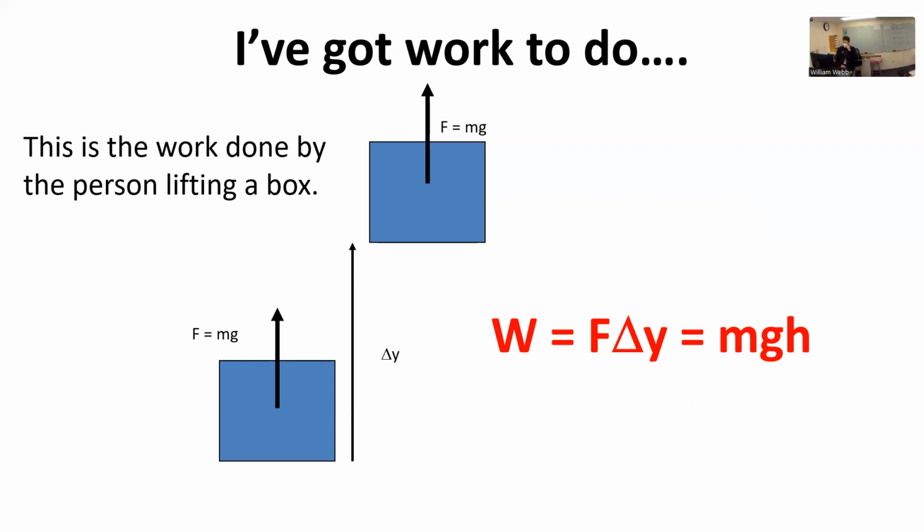Wait, wouldn't there be like a positive net force if you lift it up? So if there's a positive net force, what does it mean? Like it would accelerate up? It would accelerate. So if I lift it initially, I'm going to have to accelerate it, right? Because I'll have to make it go from rest to movement. But then I could lift it at a constant velocity after that.